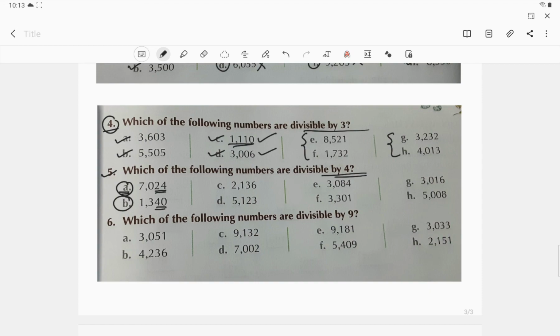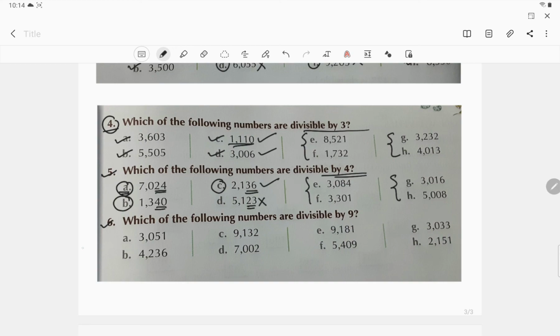Now C number, it's 36, 4 nines are 36, yes, it is divisible by 4. 23, no, since 23 is not divisible by 4, so it is not divisible by 4, and the rest of the part is your turn.